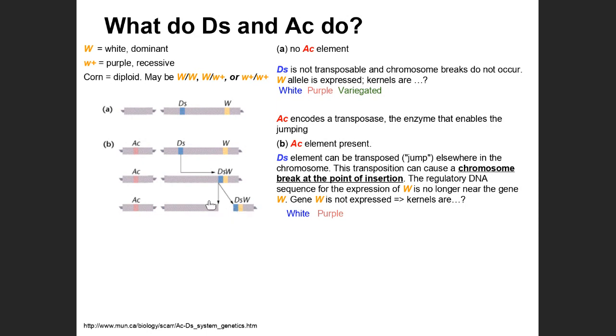It's not near this. Then what would be the color of this kernel? And the answer to that lies in the fact that the RNA polymerase is bound to the regulatory sequence, but it is not going to read the white allele.